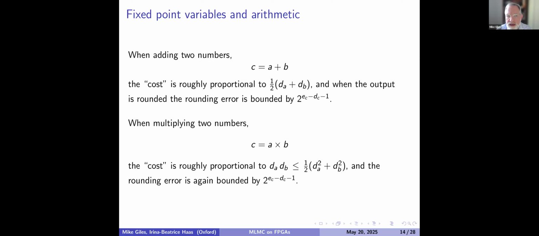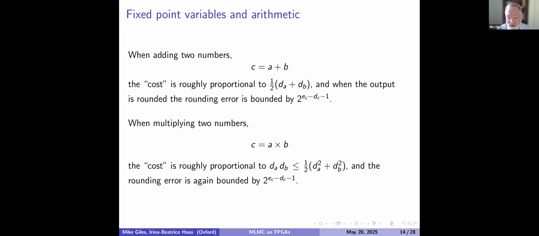And then when you take the output and round it to the precision that you have for C, the rounding error is bounded by this quantity based on the exponent of C and the number of bits being used to represent C. And then similarly, if you multiply two numbers, the cost of multiplying is roughly proportional to the product of the number of bits involved in both A and B.